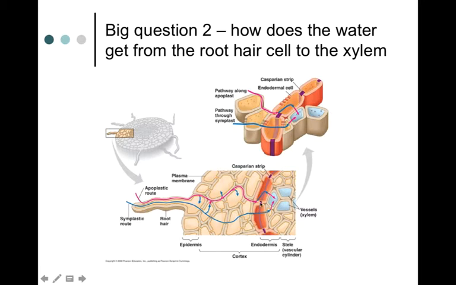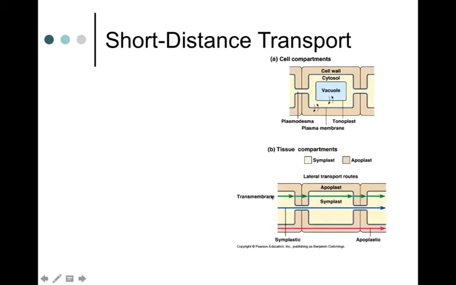This Casparian strip basically runs across the gap between the cell wall and the membrane in the apoplastic route. So what this basically means is that all of the water that gets into the xylem initially has to travel through the symplastic route. It can go by the apoplastic route all the way through here until it gets to here, and then it needs to go into the cytoplasm and therefore into the xylem vessels.